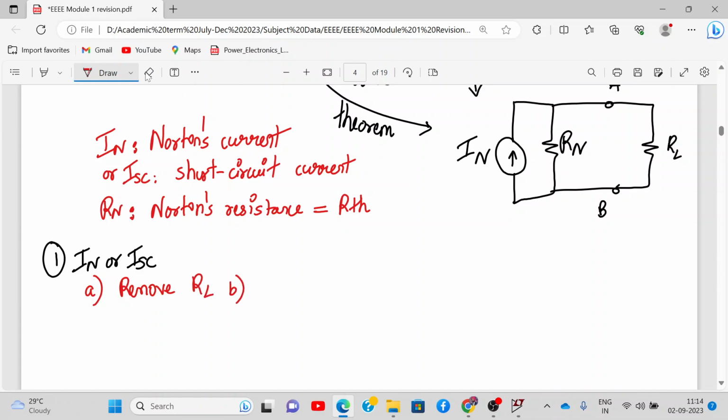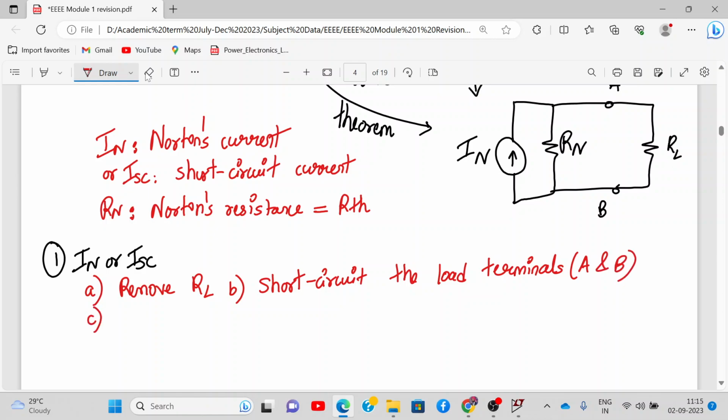Step number 2 is short circuit the load terminals. What do you mean by short circuiting the load terminals A and B? Short circuit terminals A and B and then find the current IN or ISC. You'll understand better when we solve a numerical. Have you written the steps?